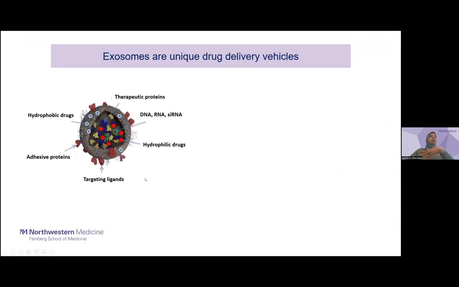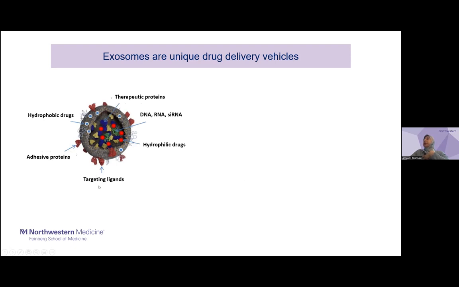Actually, exosomes are now regarded as a unique drug delivery vehicle. This is because, as you see here, therapeutic proteins or sensitive molecules such as DNA and RNA can be loaded inside those exosomes. Other molecules such as hydrophobic drugs, adhesive proteins, and hydrophilic drugs can be bound to the surface of exosomes.